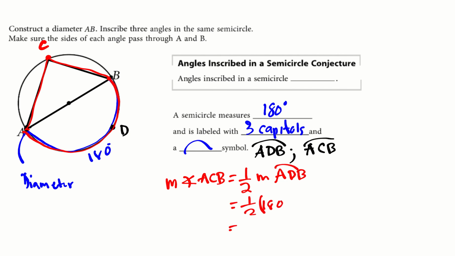So it turns out that this is a 90-degree angle. So angles inscribed in a semicircle are right angles, or measure 90 degrees.